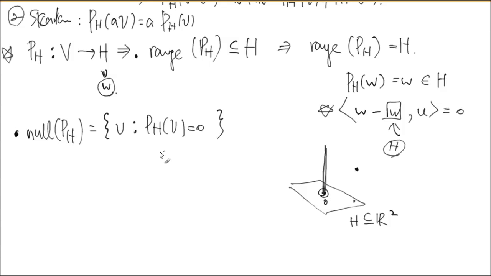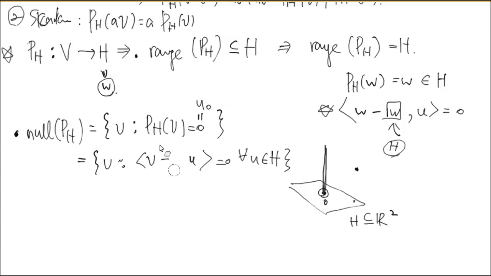But this is not just that case, it's general. So what is the condition in here? If P_H V is 0, that means V minus U0, the projection, is orthogonal to all the U's that are in H. You can rewrite the meaning of the projection like this. No matter what V is, there's always going to be an orthogonal projection, one and only one. So I'm just using it here.